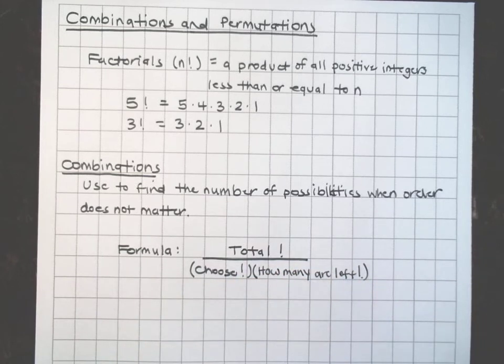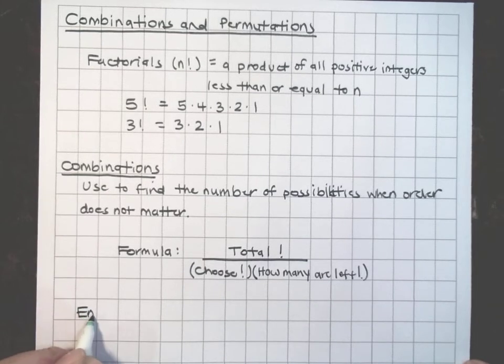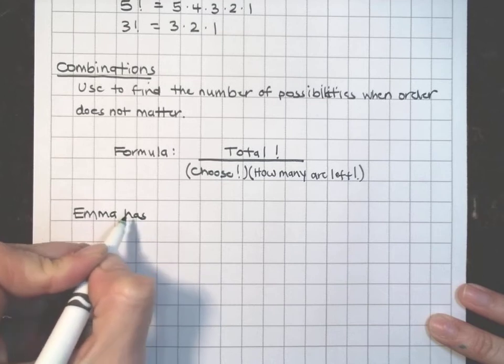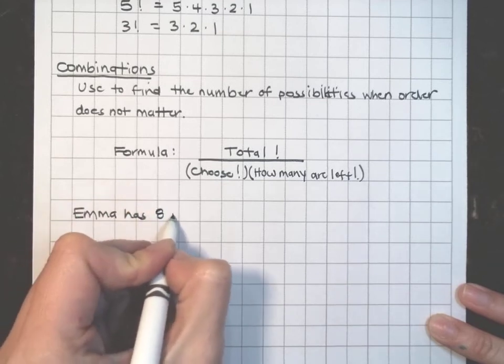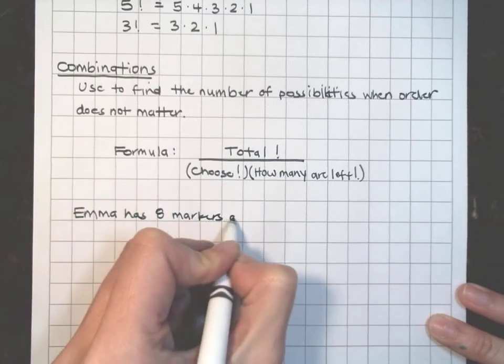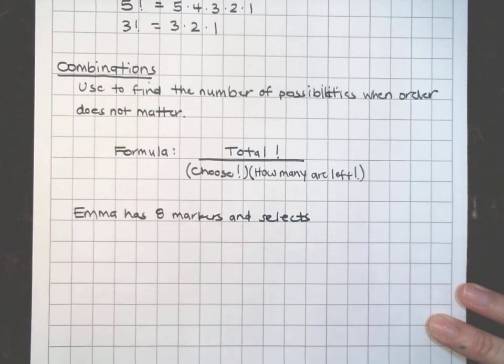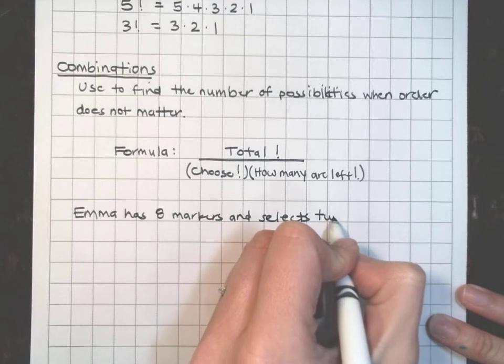factorial. So let's say Emma has 8 markers and selects 2 markers.